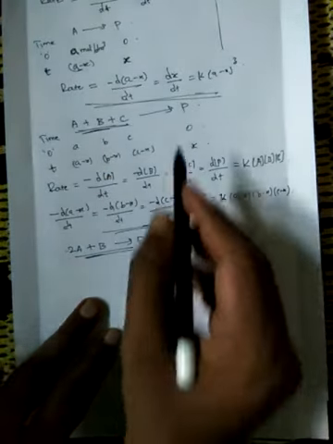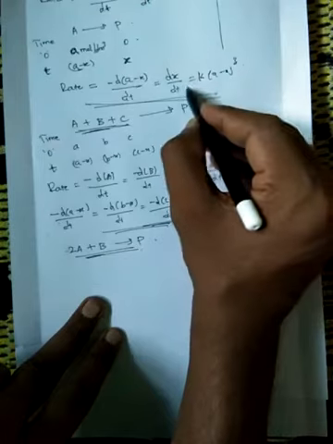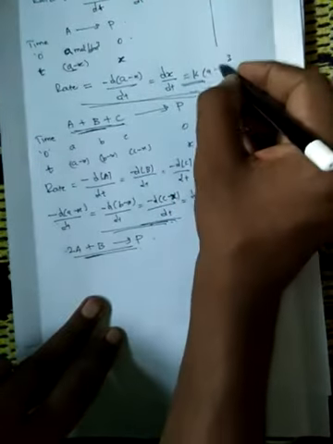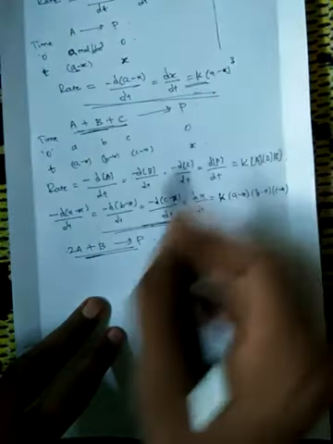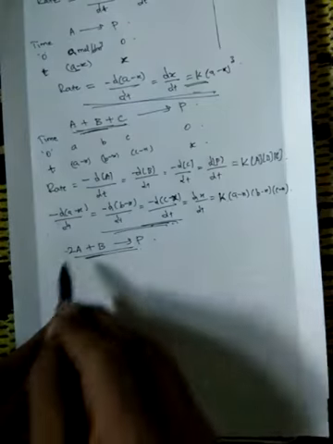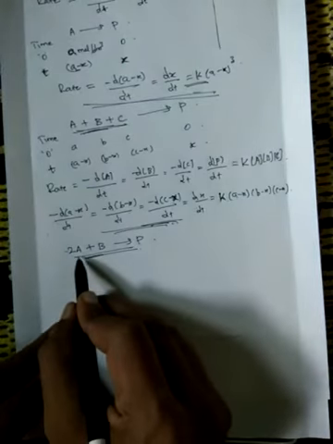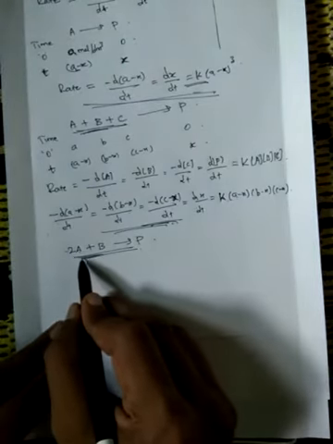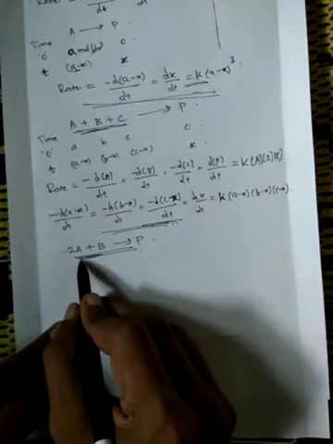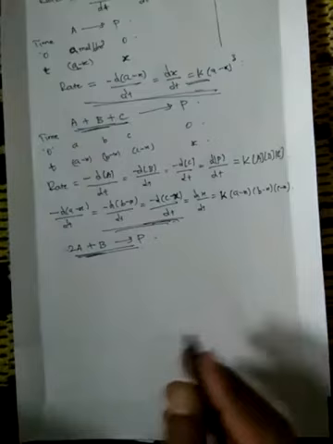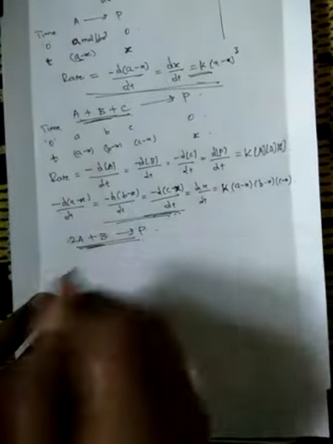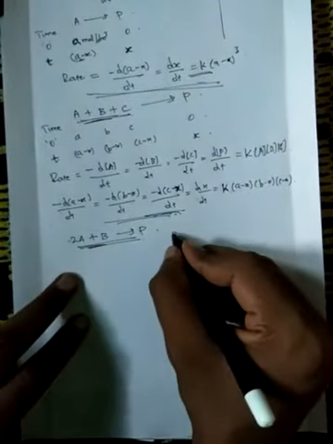Since in your syllabus only this type of reaction is given, I'm going to integrate only this rate equation. And also I can derive the rate equation for this type of reaction also. Anyway, I'll write, no problem.